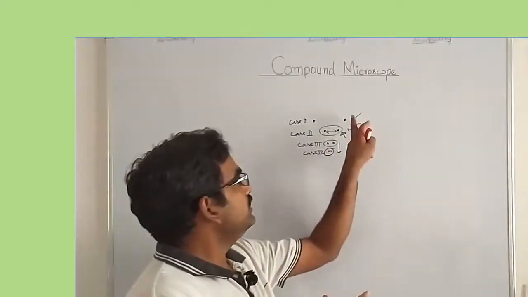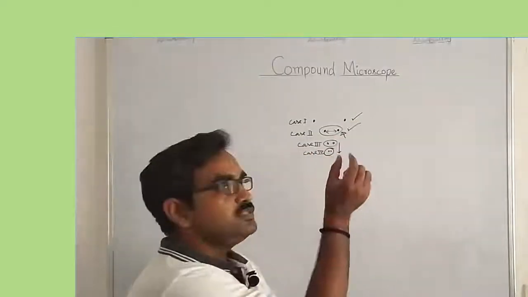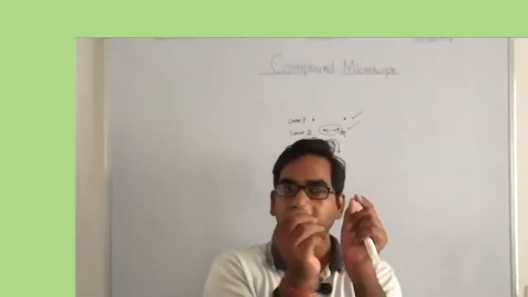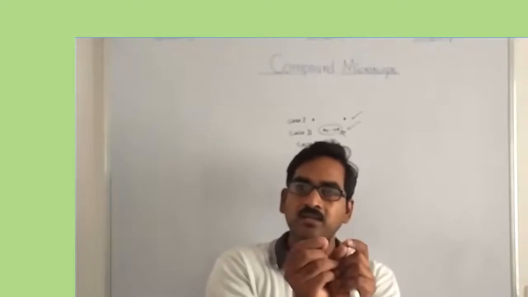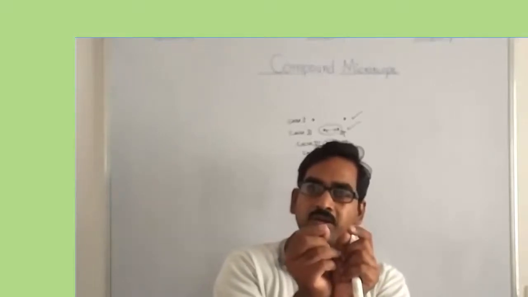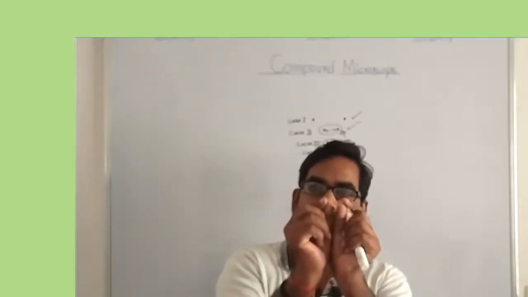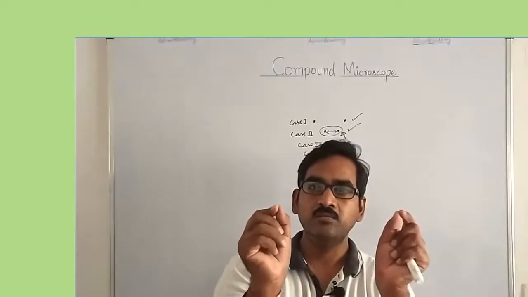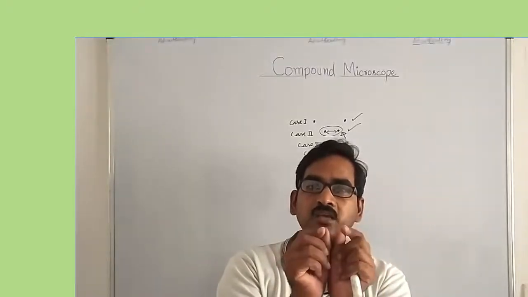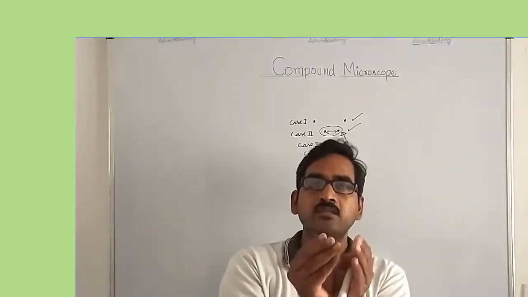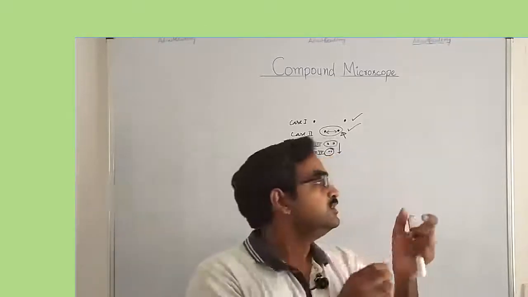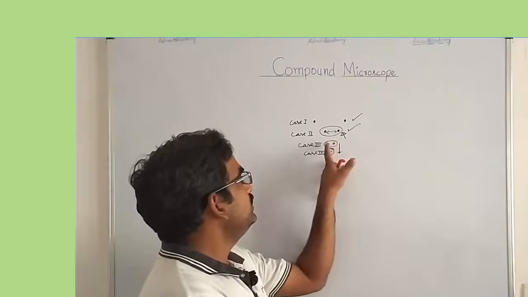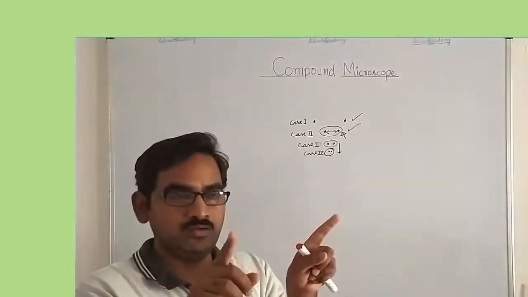Similarly, I reduce the distance, and at a particular distance, after that a microscope cannot see the two dots distinctly. It cannot give us an image where we can say, okay, this dot is different and this dot is different.